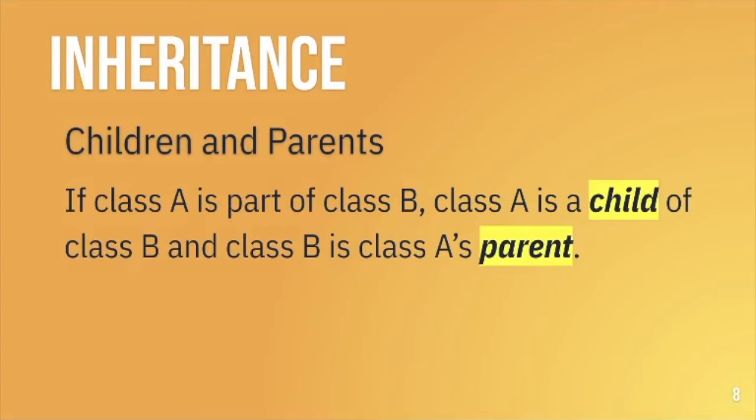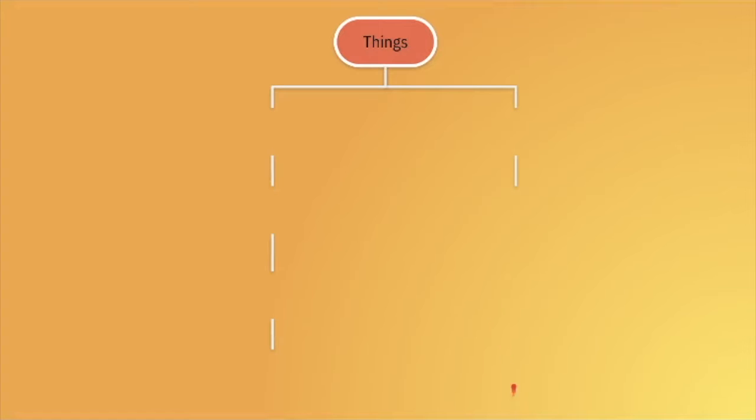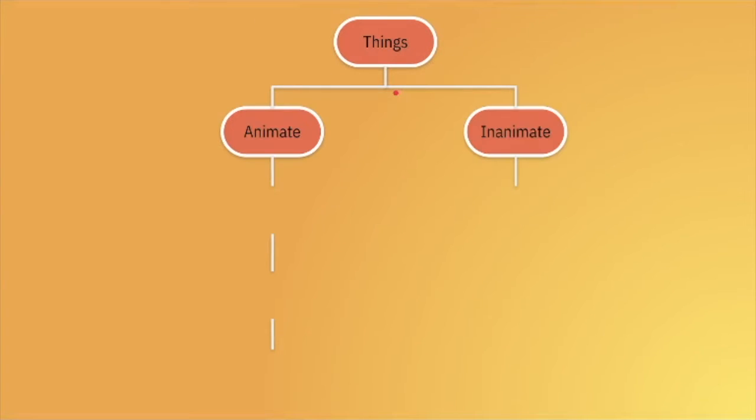Now let's look at inheritance. So in inheritance, there are children and parents. So let's say there's class A and class B. If class A is part of class B, then class A is a child of class B, and class B is class A's parent. So let's take a look at what this looks like in the graph that we showed before. So let's say we have the class things. As children classes, we would have animate and inanimate things.